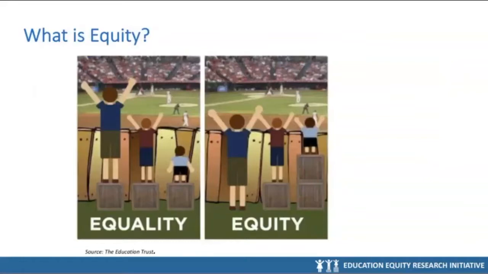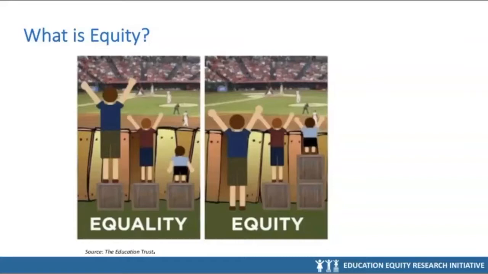Often, even today, in discussions of education and other social services, the terms equity and equality get used interchangeably, somewhat carelessly, whereas we believe there's an important distinction conceptually to be made between the two, as this pair of images illustrates. It may be a very familiar pair of images for many of you. In the image on the left, all three individuals have received the same support, and as such, they're being treated equally.